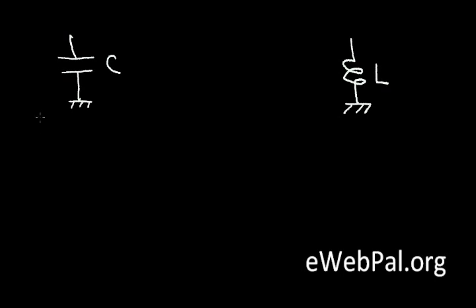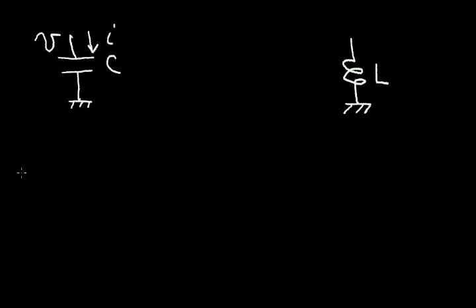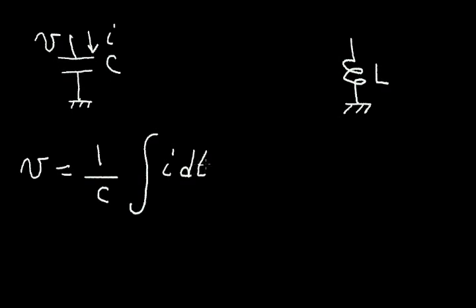Last time we calculated the current in the capacitor. Now let's come up with an equation for the voltage V across the capacitor versus the current I in the capacitor. So the voltage V is equal to 1 divided by the capacitance C times the integral of I dt.